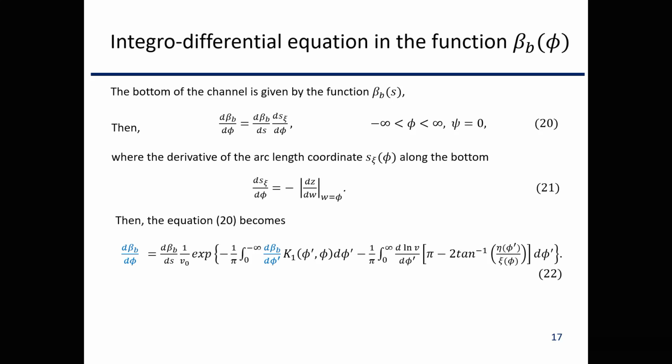But fortunately, we can easily derive the integral-differential equation using changes of variable as shown in equation 20. Then using the derivative of the mapping function, equation 21, we can easily obtain the integral-differential equation 22. Here you can see the function d beta d phi appears on both sides of this equation, and it can easily be solved numerically using an iterative procedure.